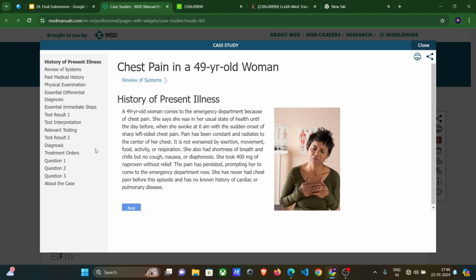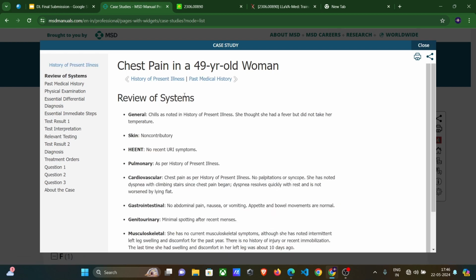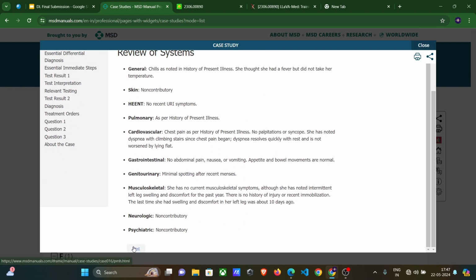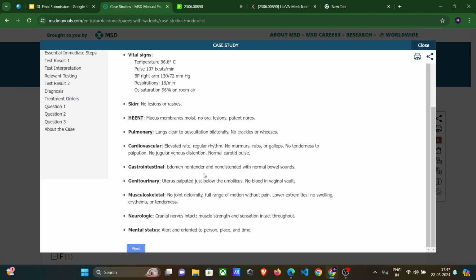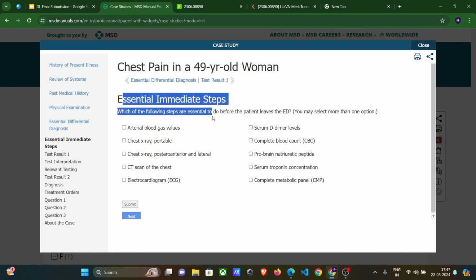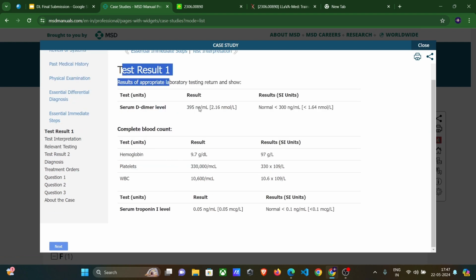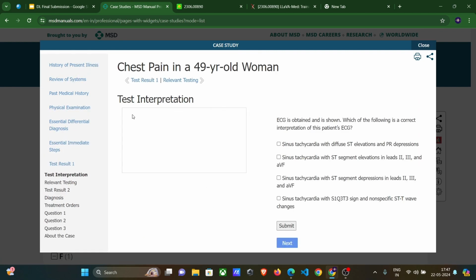This is a case study of a 49-year-old woman who had chest pain, and then there is a description of the patient, the review of systems, the past history, physical examination, the first essential differential diagnosis, then the essential immediate steps required by the patient, the first test results, and the interpretation of the first test.